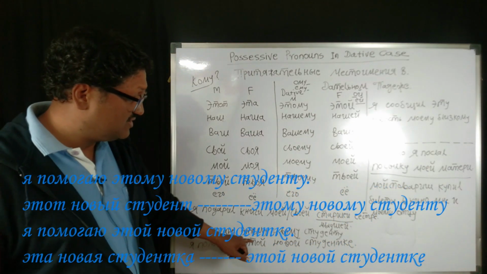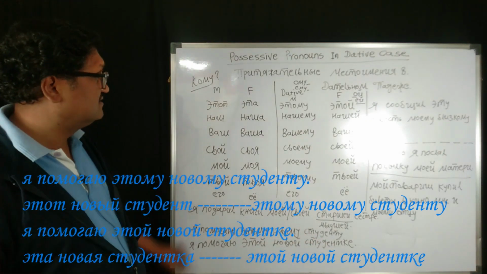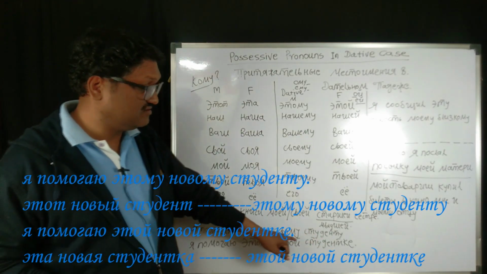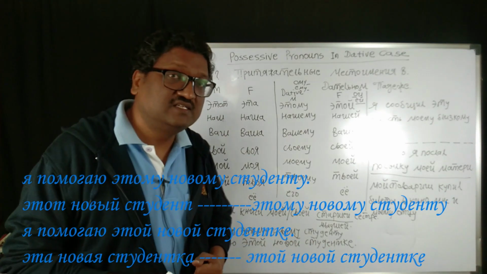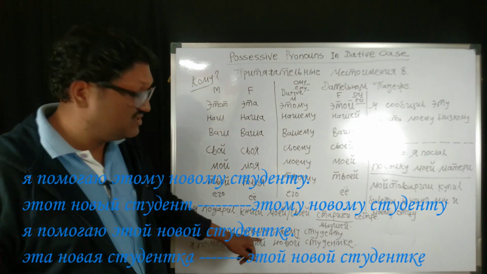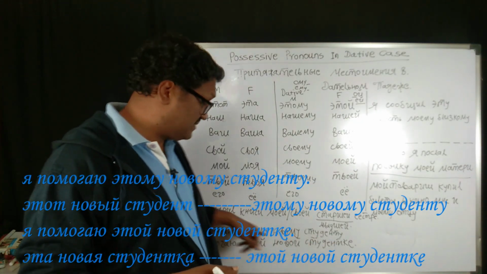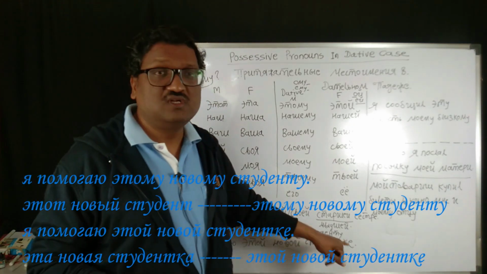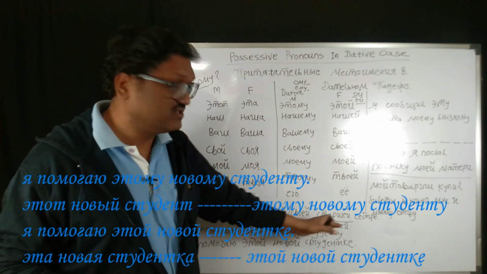Okay, so the next example is: Я помогаю этому новому студенту. Этот студент. In the nominative it is этот студент. Кому вы помогаете? Я помогаю этому новому студенту. Я помогаю этому новому студенту изучать русский язык, изучать английский язык. That you can say further.